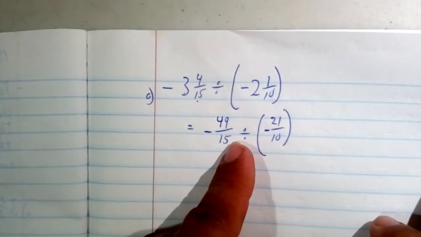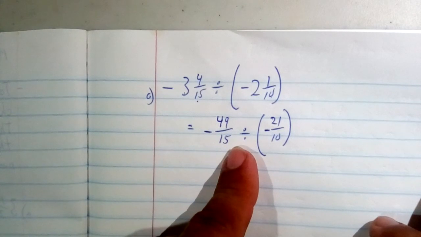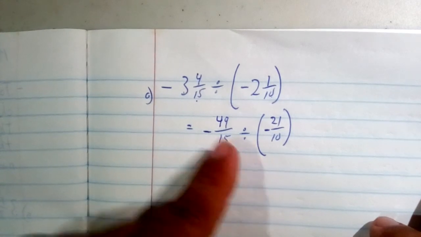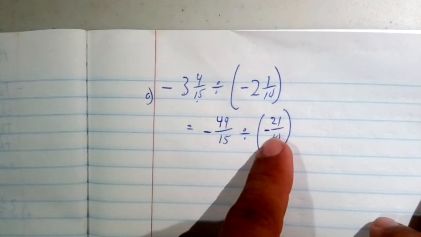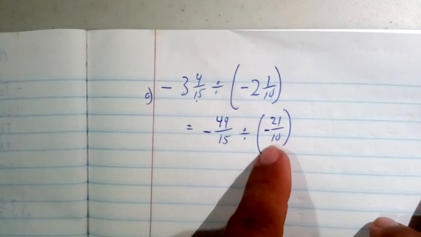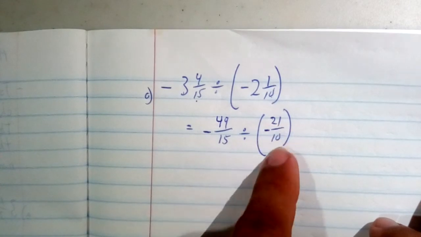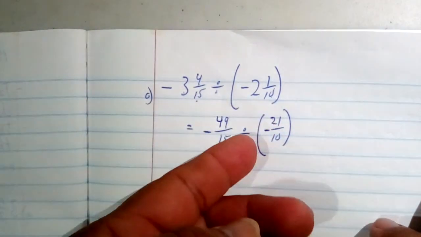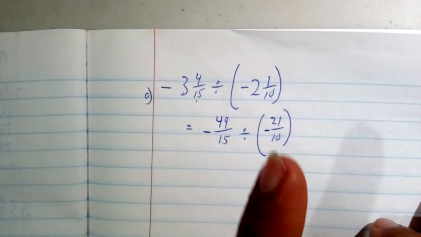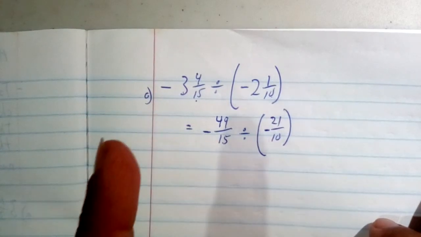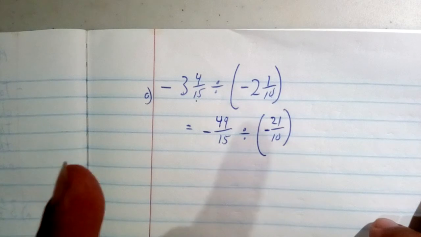Now use the rule for dividing two fractions: multiply this value by the reciprocal of this value. And remember the reciprocal of this value would then be what? The same value inverted and also negative, because remember the note we said reciprocal and opposite are two different things.